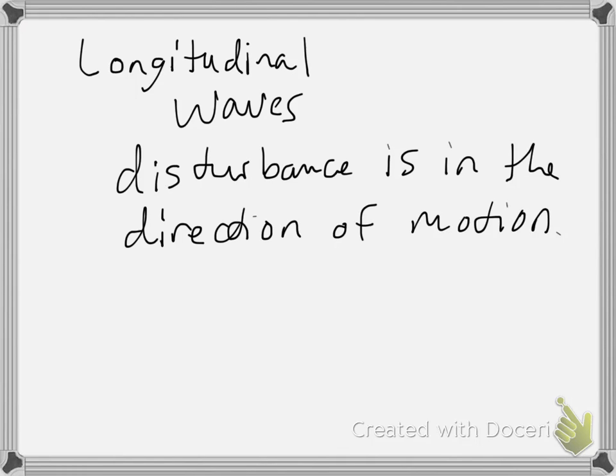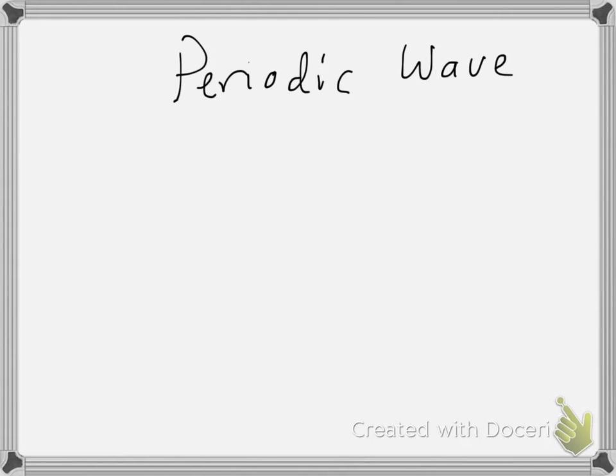And there are a lot of different types of waves you can make, but we're wanting to focus specifically on what are called periodic waves. For now, we will concentrate more or less on transverse waves, but especially when we talk about sound waves, we will talk about longitudinal waves.